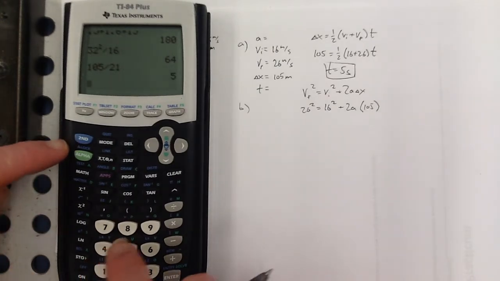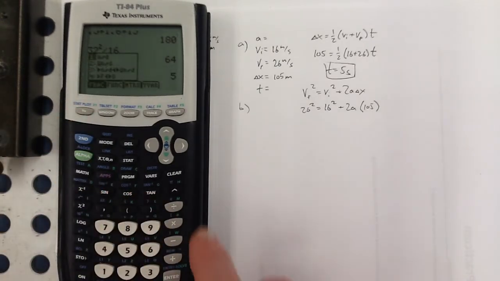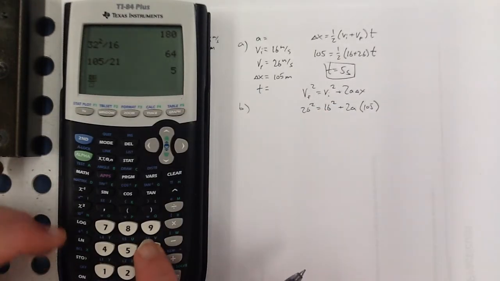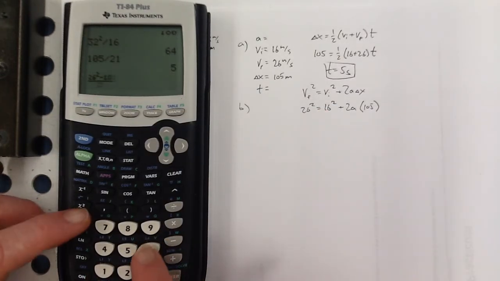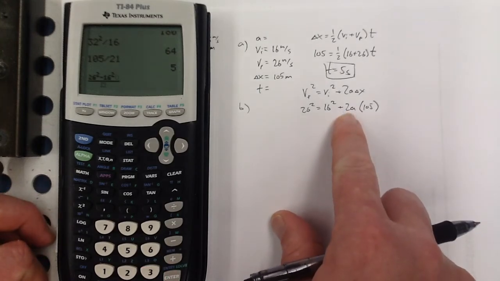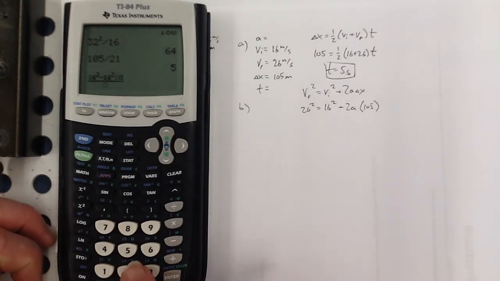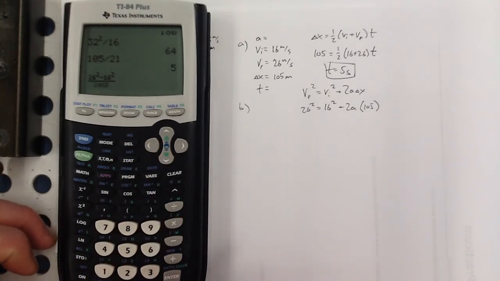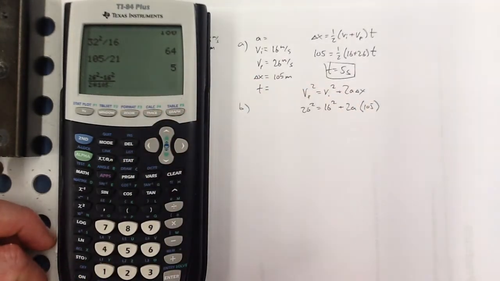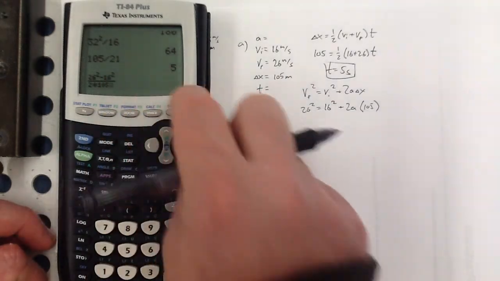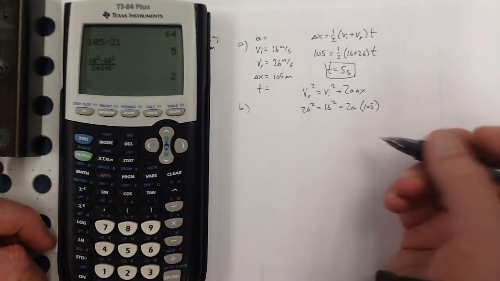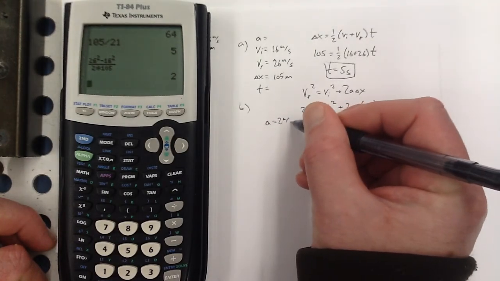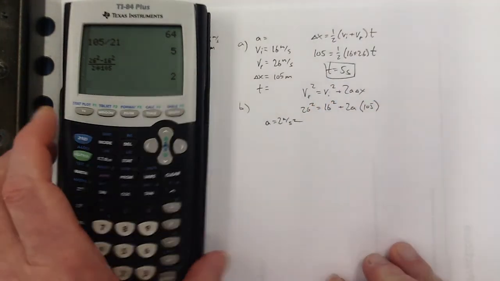If you've got one of these fancy calculators, you should do this. Get it to do a little fraction. I'm going to have 26 squared minus 16 squared on the top, and on the bottom, 2 times 105. Yeah, that's a nice way to do it. There's no reason to do one calculation at a time and keep hitting enter. That's 2. Acceleration is 2 meters per second squared.